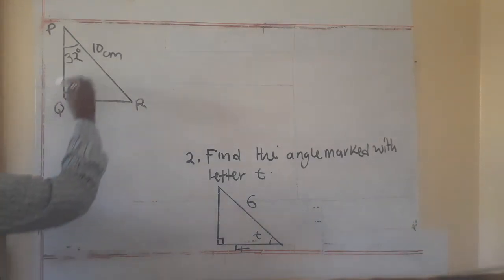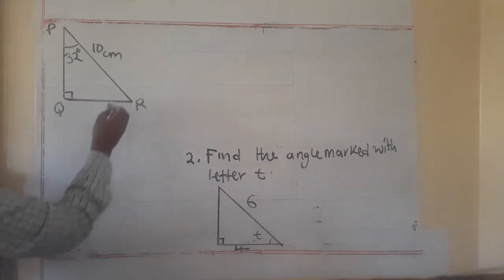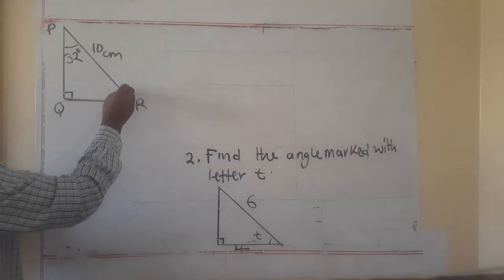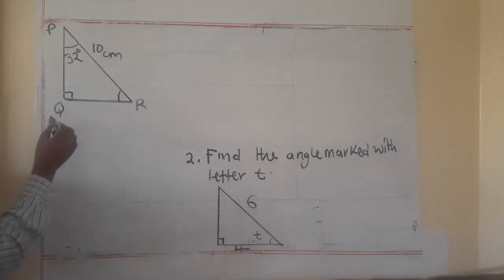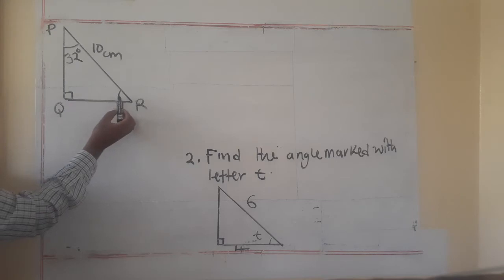So here we have to find all the unknown sides and the angle. So maybe we can start with the angle here. Maybe we can start with this one. Okay. So when you look at that, you realize that we have got three angles here. 1, 2, 3. So we want to find this angle R.